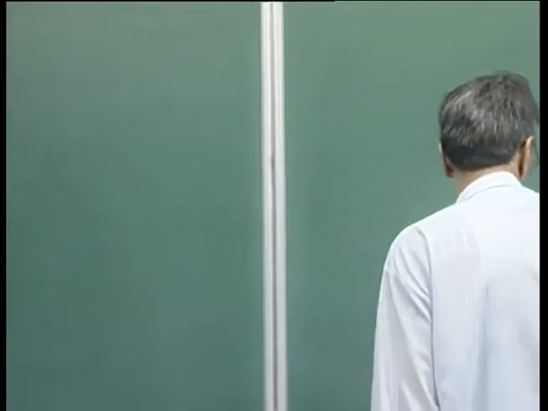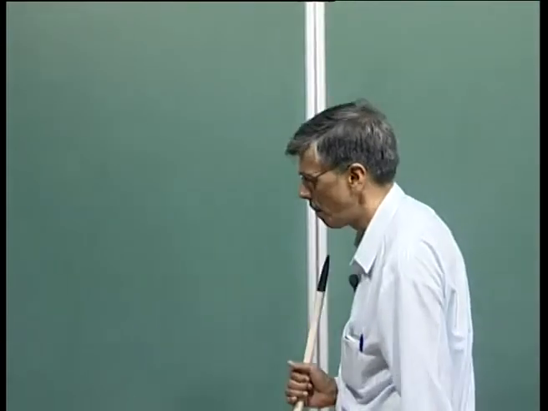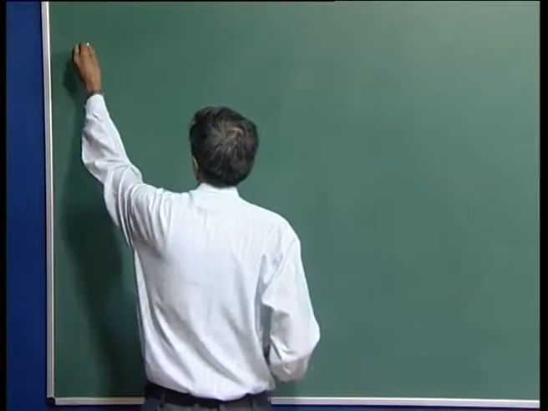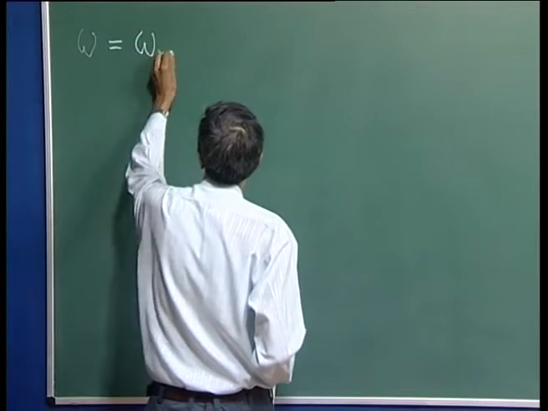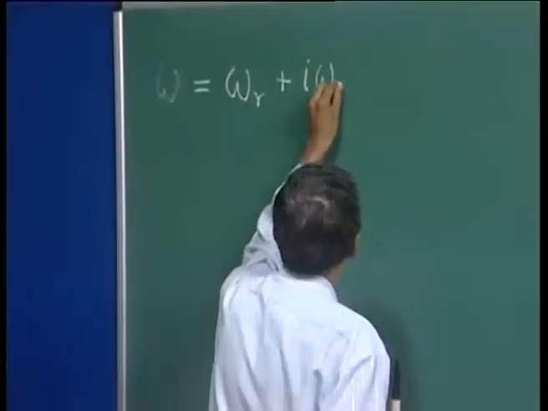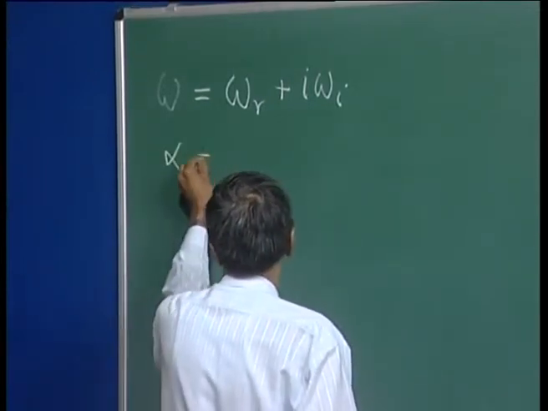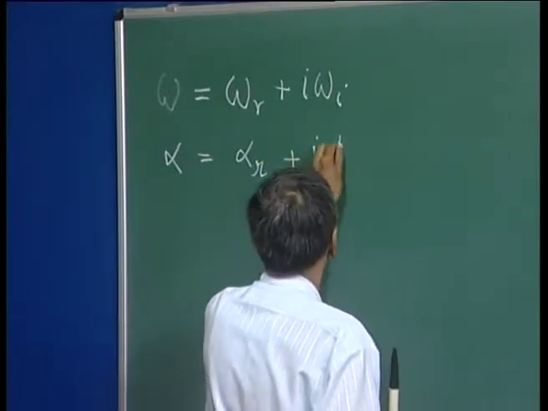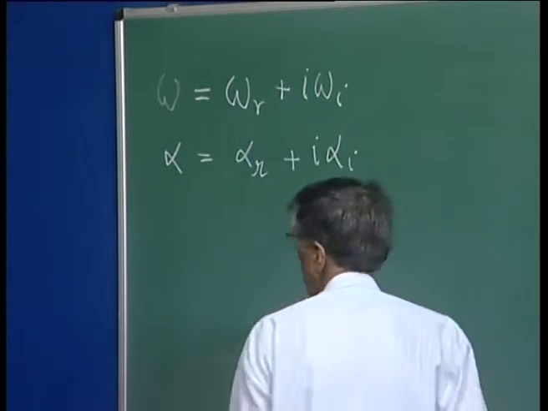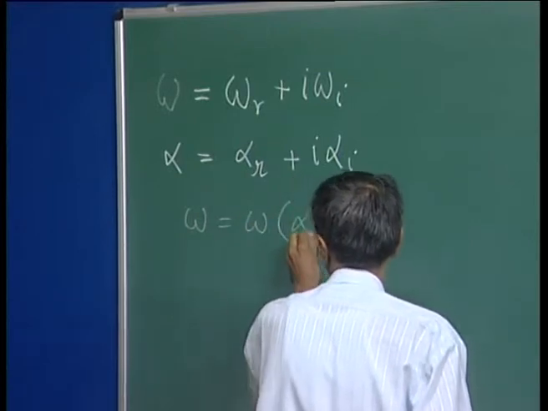So, what we could do is write omega as omega r plus I omega I, and write one of the wave numbers in the x direction, alpha, similarly like this. Then we could write omega as a function of alpha.